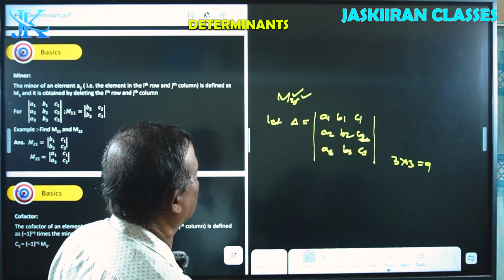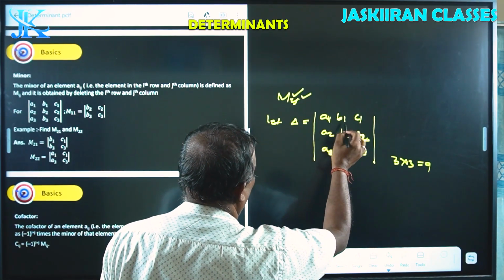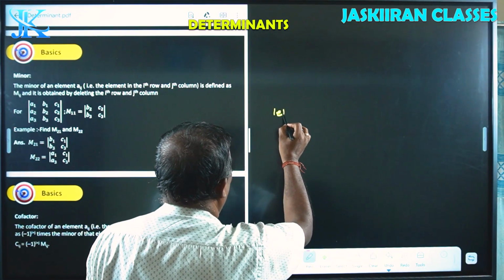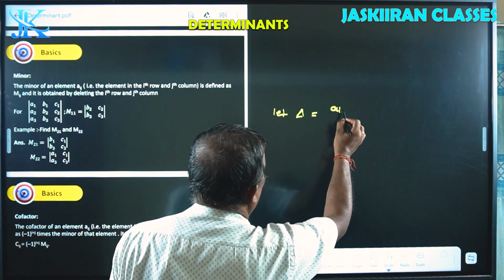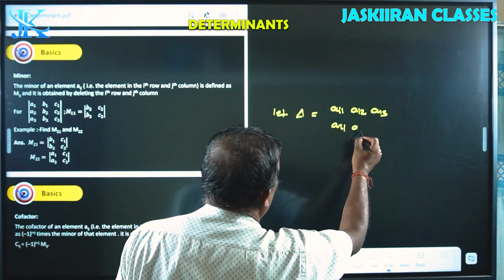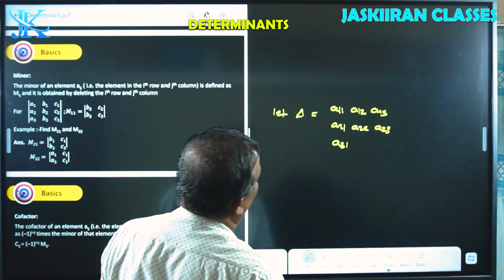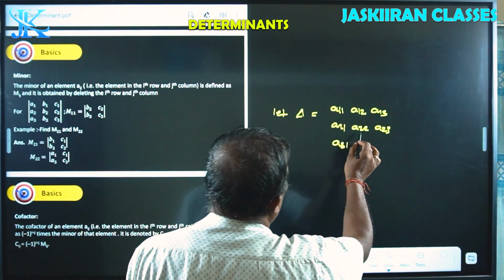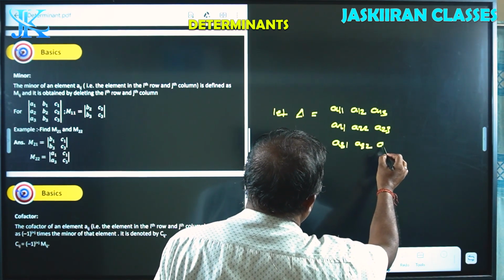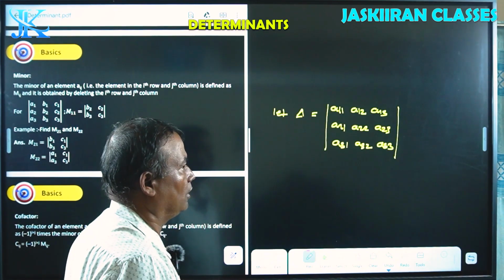Well, how to get the minor of A11? Let del is equal to A11, A12, A13, A21, A22, A23, A31, A32, and A33. That is a third order determinant in general form.